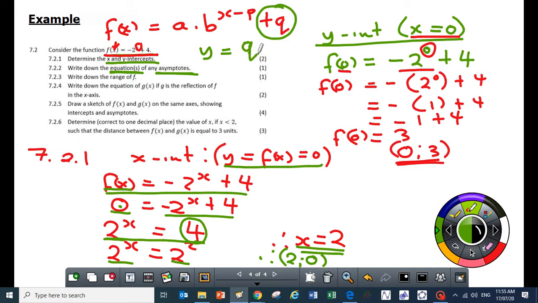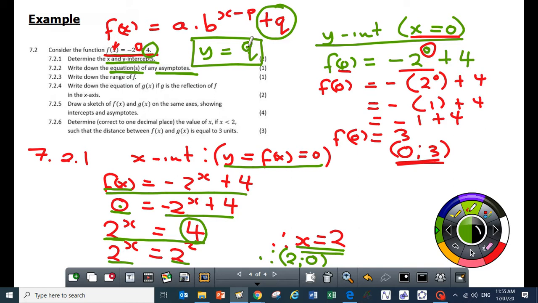Okay? So all you have to do is identify the q value in the equation. When you write it down, it must be written like that. Okay? So for our question, our q is a 4. It's that value. It's a positive 4. So where there is q here, I'm going to put 4 so that the equation of the asymptote becomes y equal to 4.